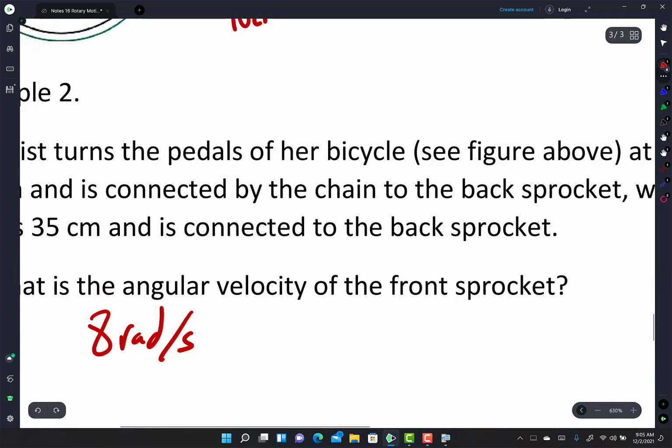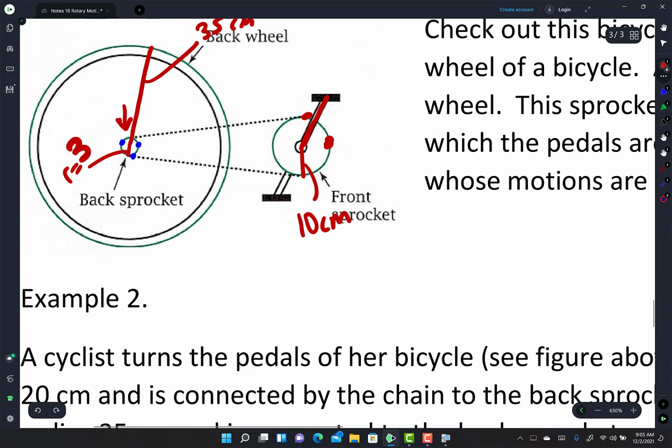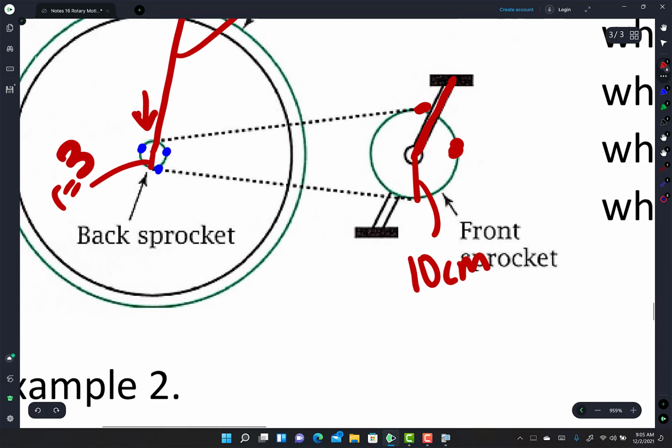If I were a high school kid and I was not in a hurry, and I just had time to think about it for a little bit, here's what I would do. I'm looking at this big circle and that little circle, and I can see that they're linked with a chain, and all I need is a scale factor to figure out how much more the little one is spinning.